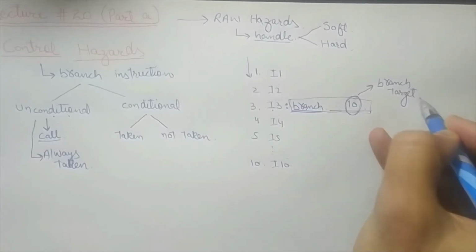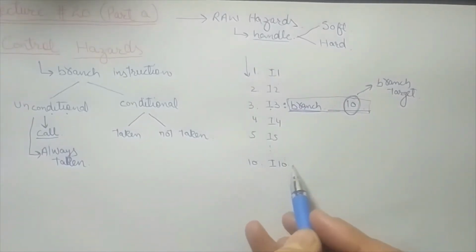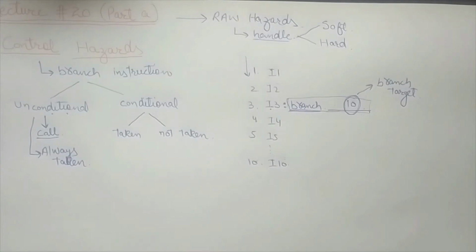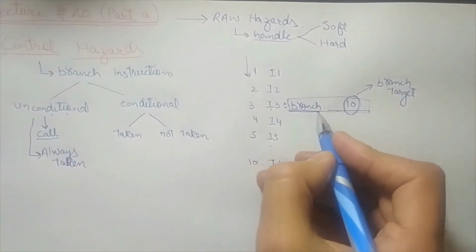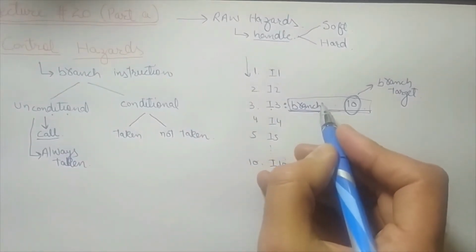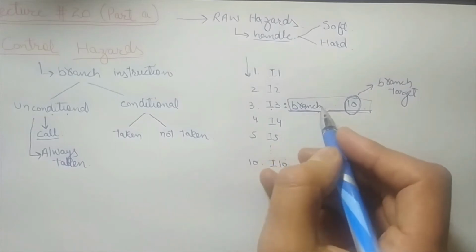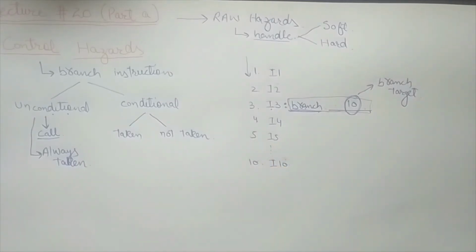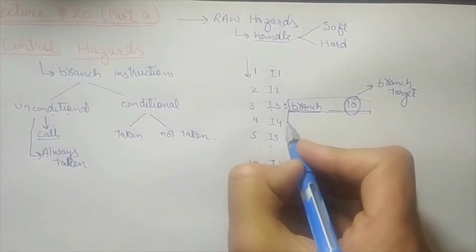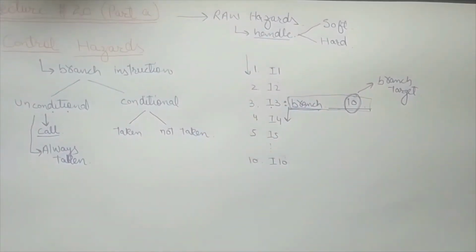So the next instruction to be executed will be I10. However, if the condition is not true and as a result the branch is not taken, then the next instruction will be I4.